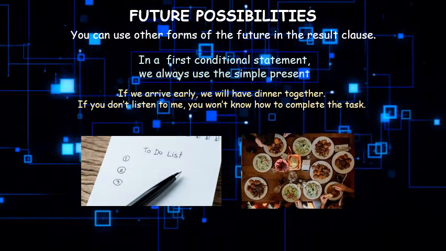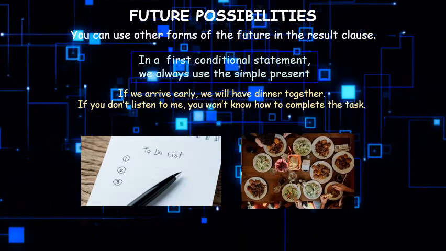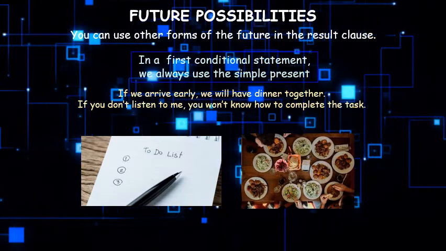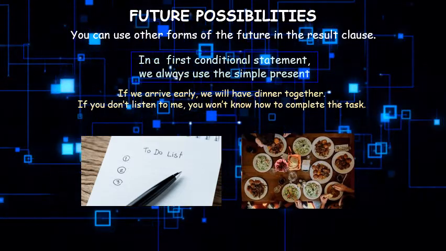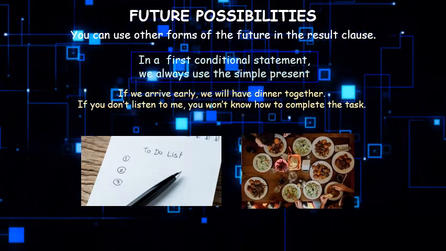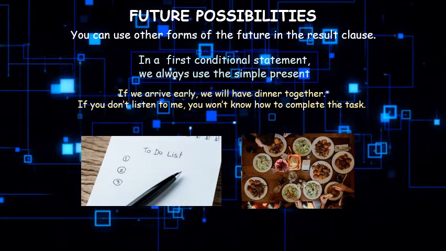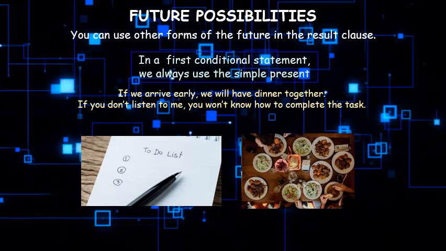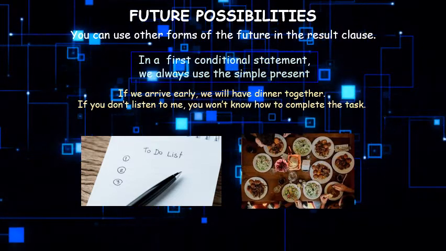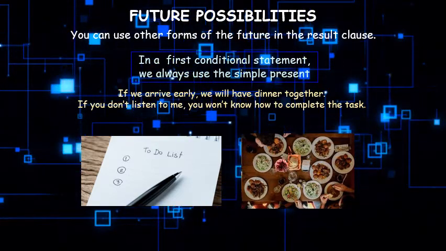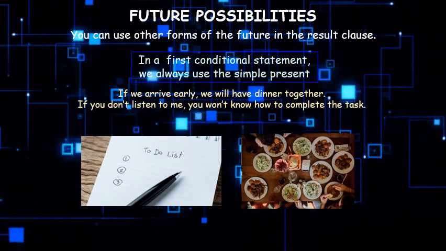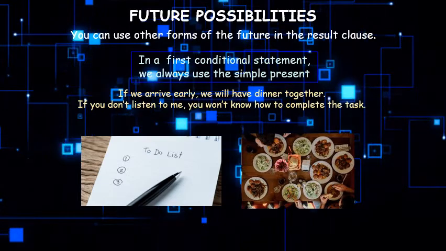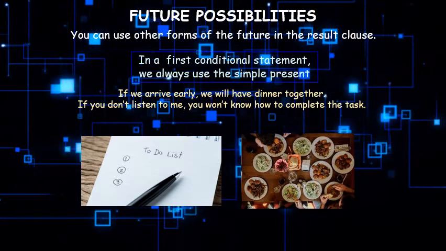In Spanish, we have to say that the first one, la primera, the if clause, la oración con if, la vamos a utilizar in present, and the result, el resultado de la condición, or the consequence of the condition, we have to write it in future. For example, if we arrive early, we will have dinner together.